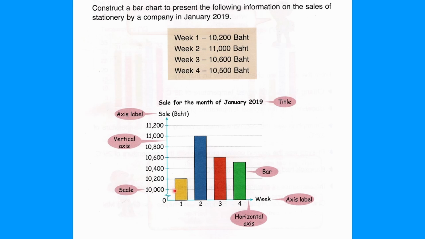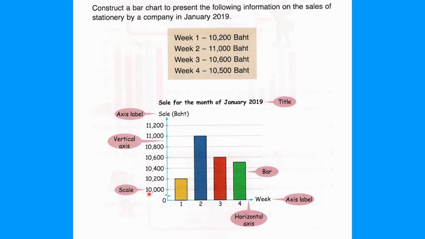Anything less than 10,000 we don't need to see, and you would have a very tall bar chart if you start from 0. 10, 20, 30, all the way up to 11,200. It would be very, very big.